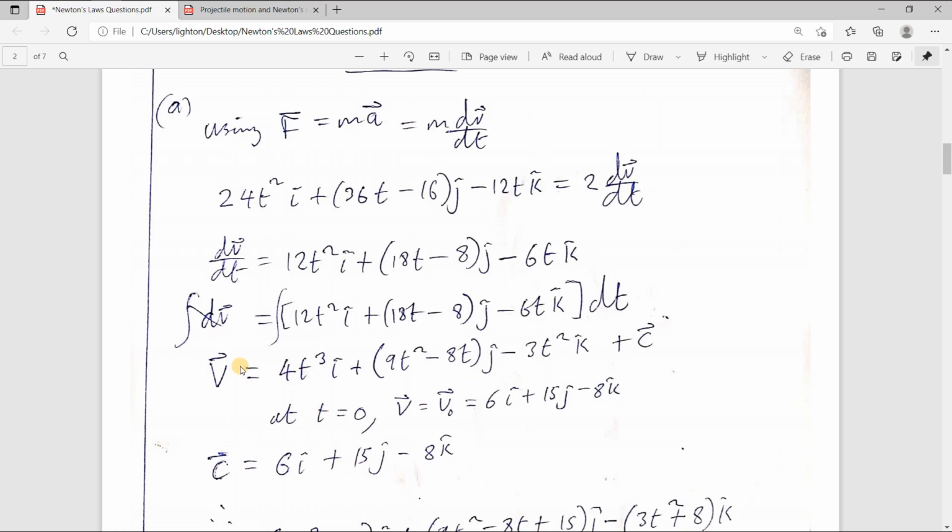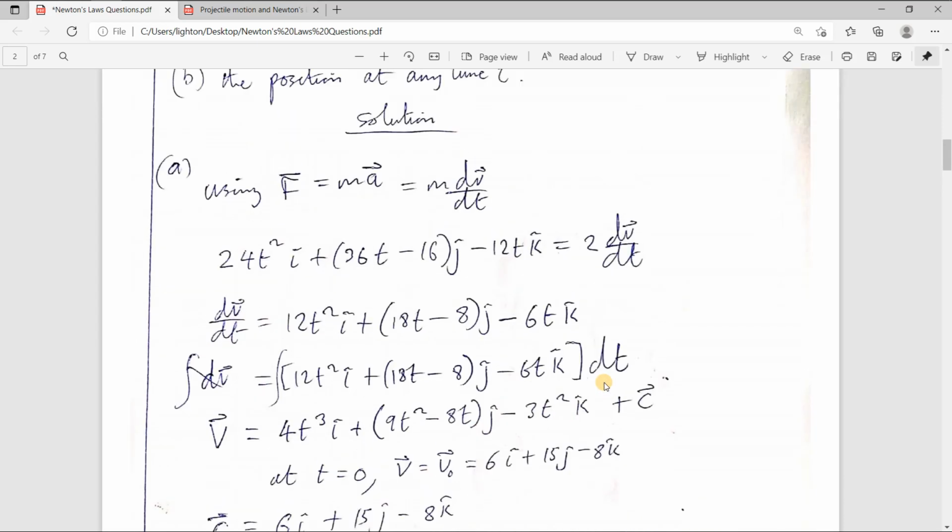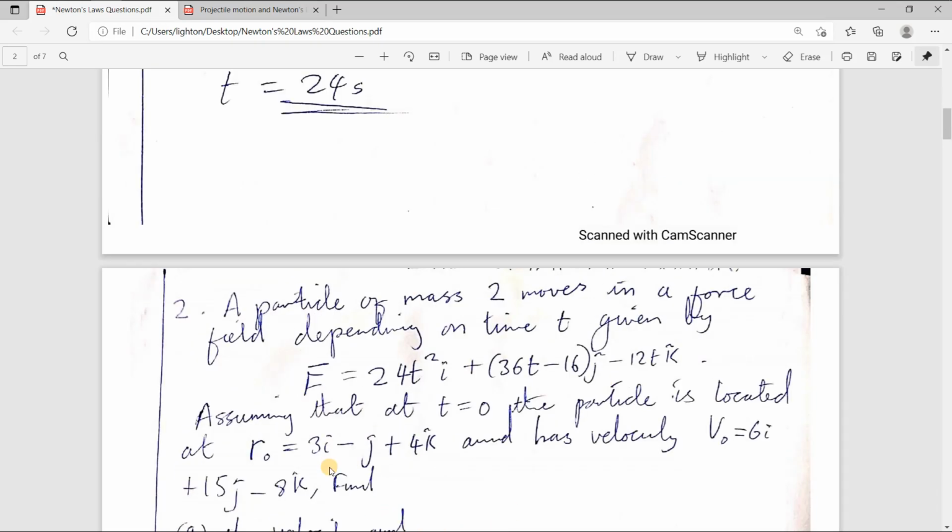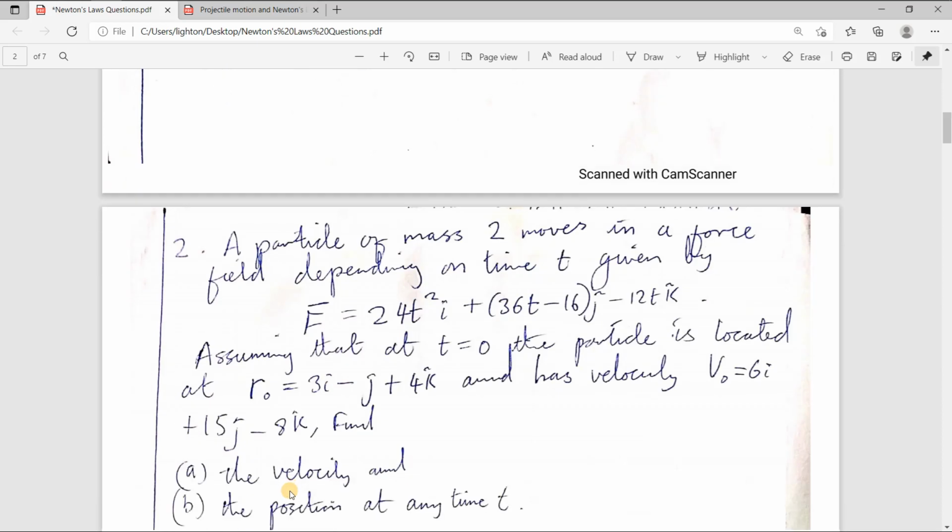Now from this point, we can use the initial conditions, which is at t is 0, v is just v naught, and it is 6i plus 15j minus 8k hat. This is what we've been given here.